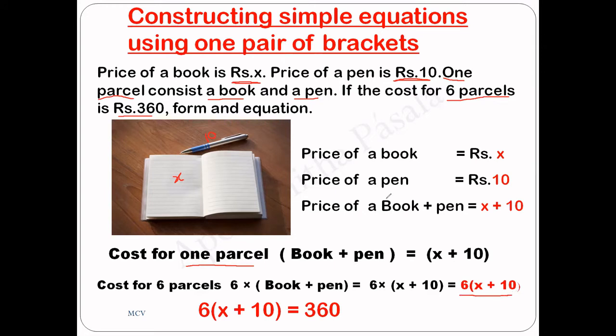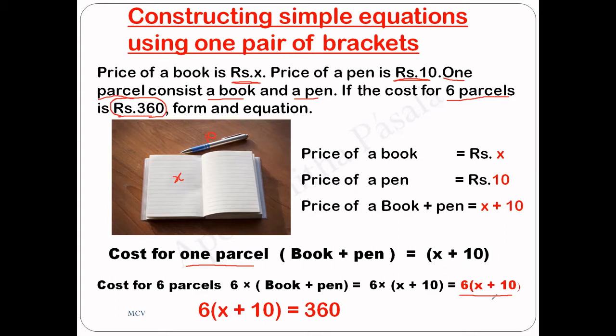Now, you know the cost of 6 parcels, that is 360. We want to build up an equation. In an equation, there should be an equation sign and there should be terms in left and terms in right. Now, this part is in the left.